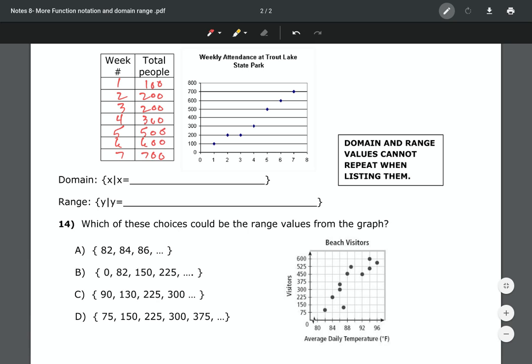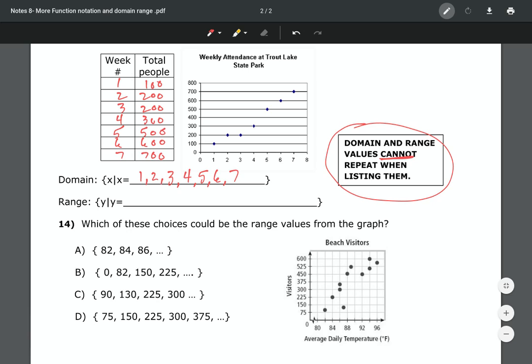All right, and so then we're going to list the domain and range. Now, just as a little reminder, right over here, domain and range values cannot repeat when listing them. So it looks like our domain values are all different, so we won't have a problem. Just list those in order from least to greatest, which is what they already are in the table of values. Okay, and then your range, it looks like the 200s repeat, so we're just going to write that one time.